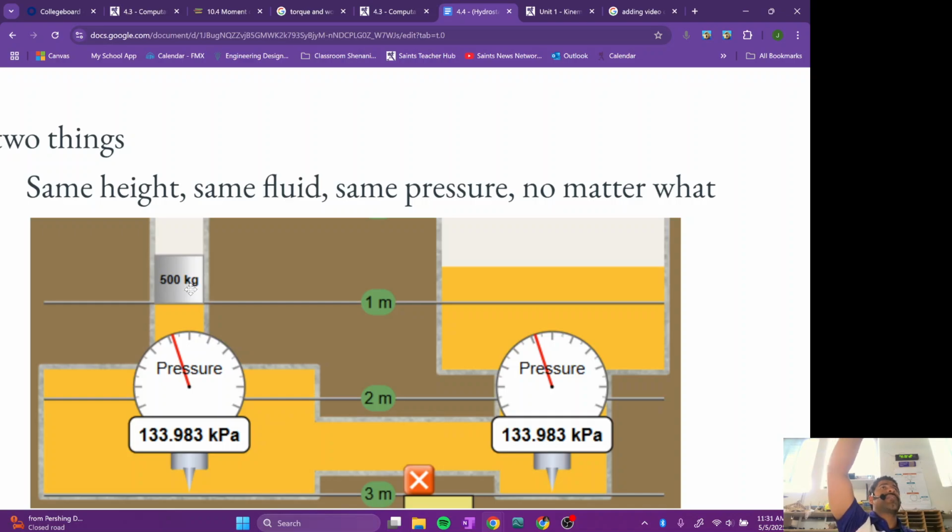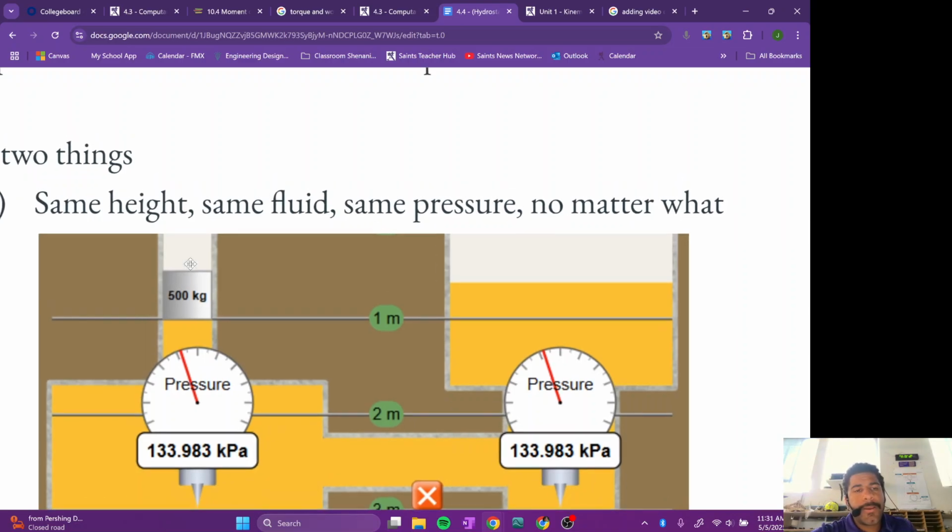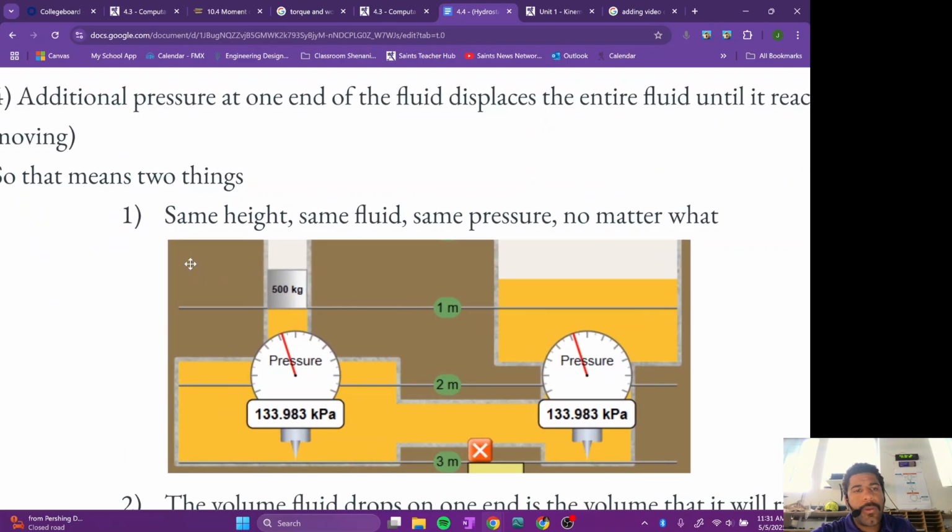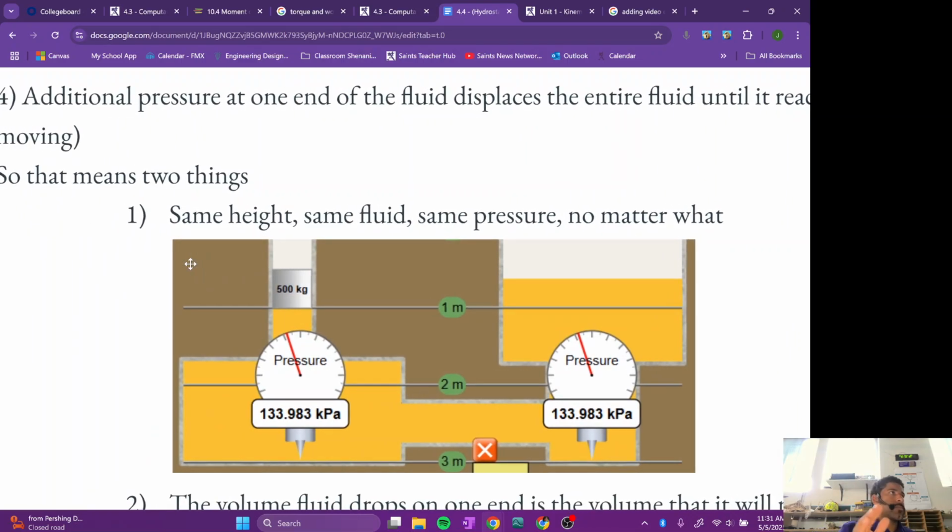Okay, so when you add this, it goes and rises on up. Fluid is not compressible. Liquid is not compressible. If I push this towel, the whole towel moves. When I press on the water, the whole water gets displaced.